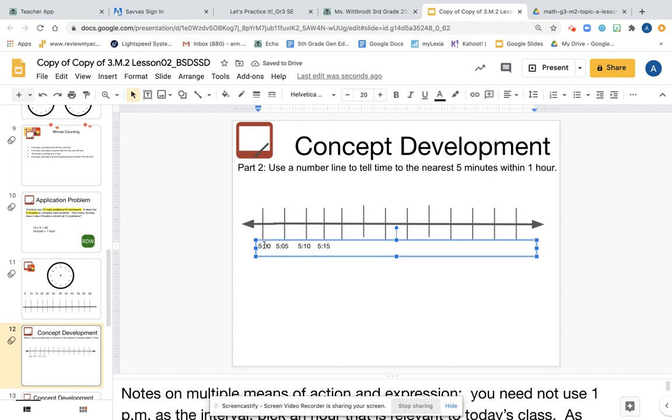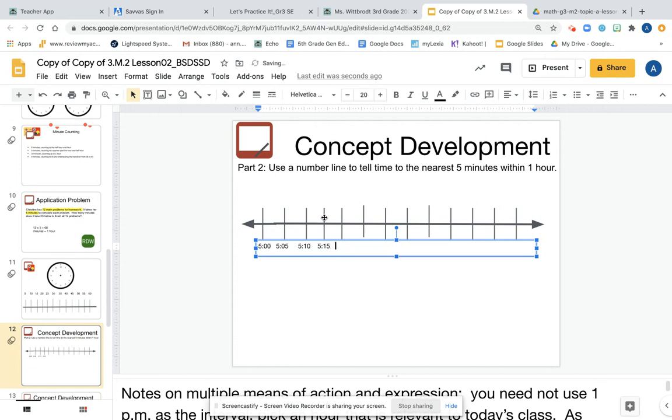I'm starting at my 0, and the 0 hour in this case is 5 o'clock. 5:05, 5:10, 5:15. All right, I want to see if you can make the rest of that number line. So pause the video for a second. I'm going to check and complete it with you, but don't keep playing the video. Pause it, fill in the rest of it, and then unpause so you can watch the rest.